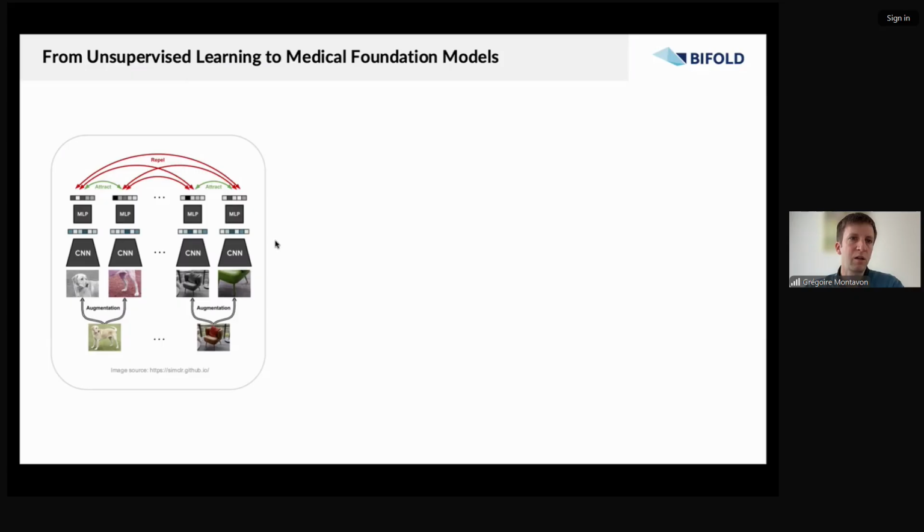And they typically work using a variant of contrastive learning, where you are generating some surrogate task consisting of determining whether two images given as input are the same or not. And specifically, two transformations of the same image being the same or not.